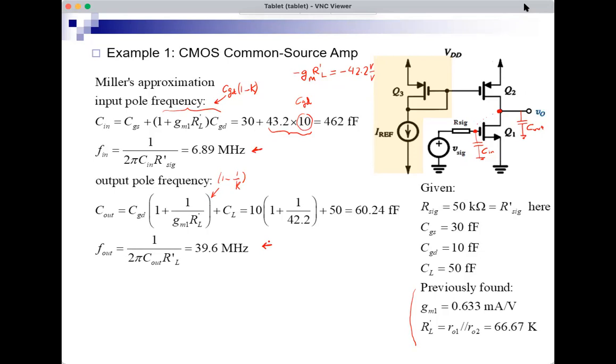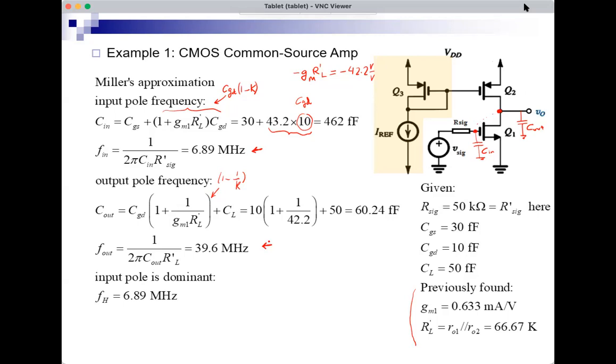So Fin is less than Fout. Fin is 7 and the other one is 40. So there is a factor of maybe around 6 between them. So we can say that the input one is dominant and just estimate FH to be 6.89 megahertz.